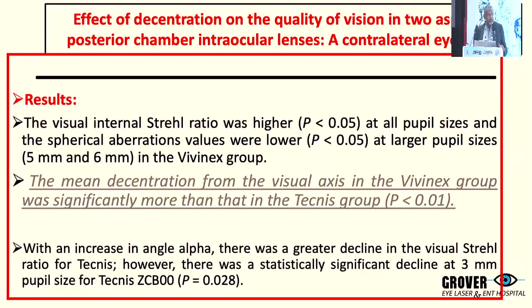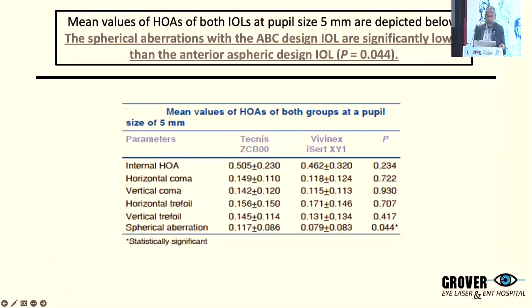With an increase in angle alpha, there was a greater decline in visual Strehl ratio for Technis. However, there was a non-statistically significant decline at 3 millimeter pupil size for the Technis lens.